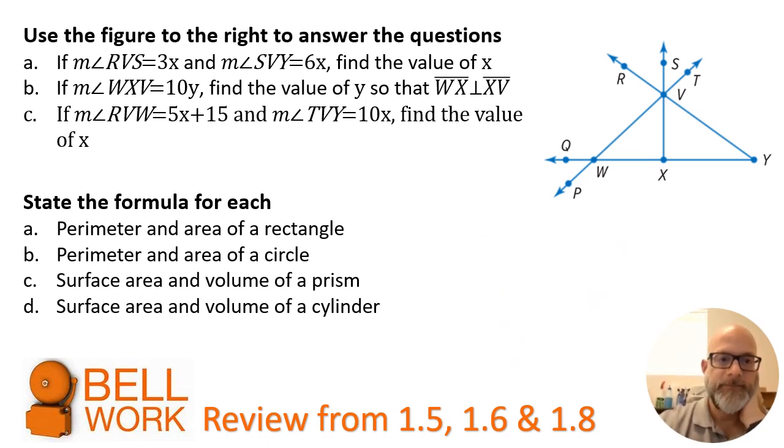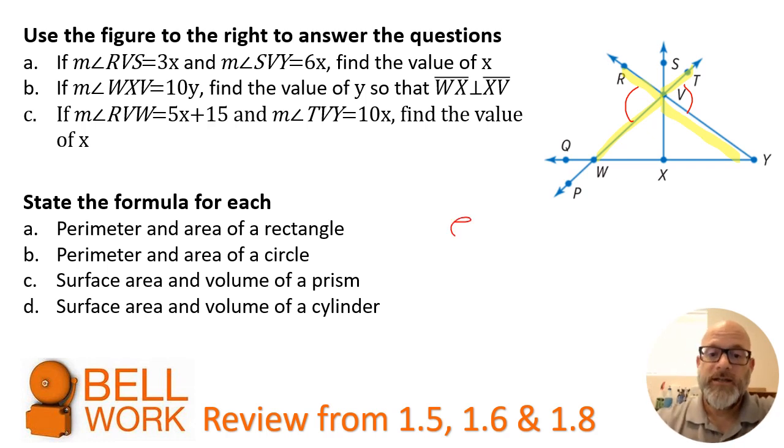All right, next. If the measure of angle RVW is equal to 5x plus 15 and the measure of angle TVY is 10x, find the value of x. Let's see, RVW and TVY are what we call vertical angles. This angle and this angle are vertical angles, which makes them congruent.